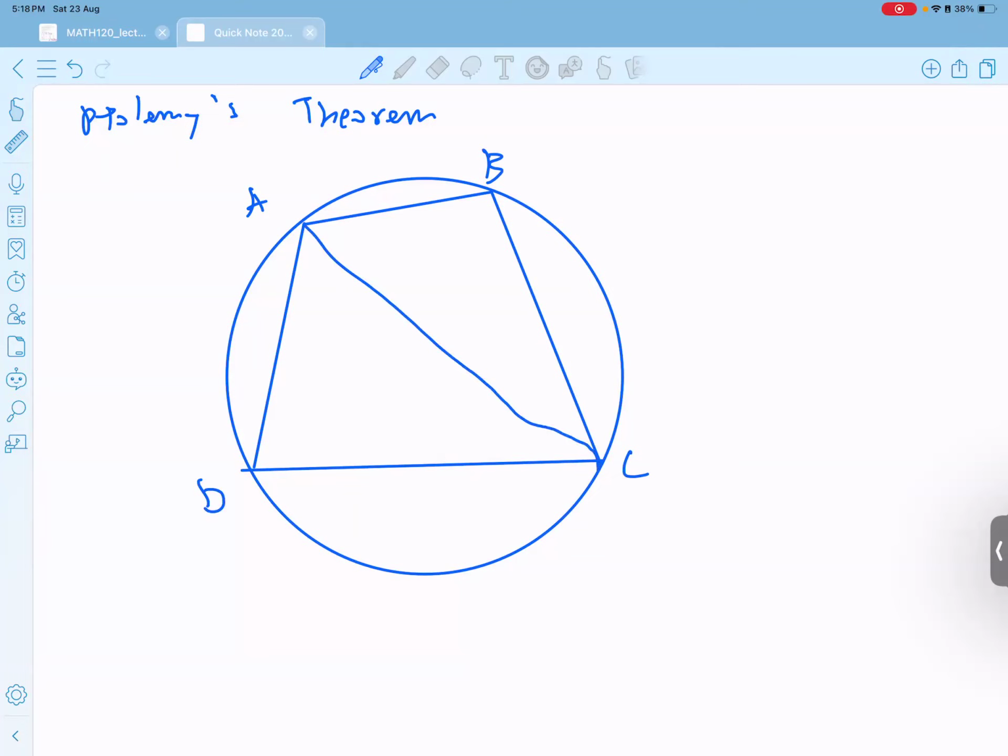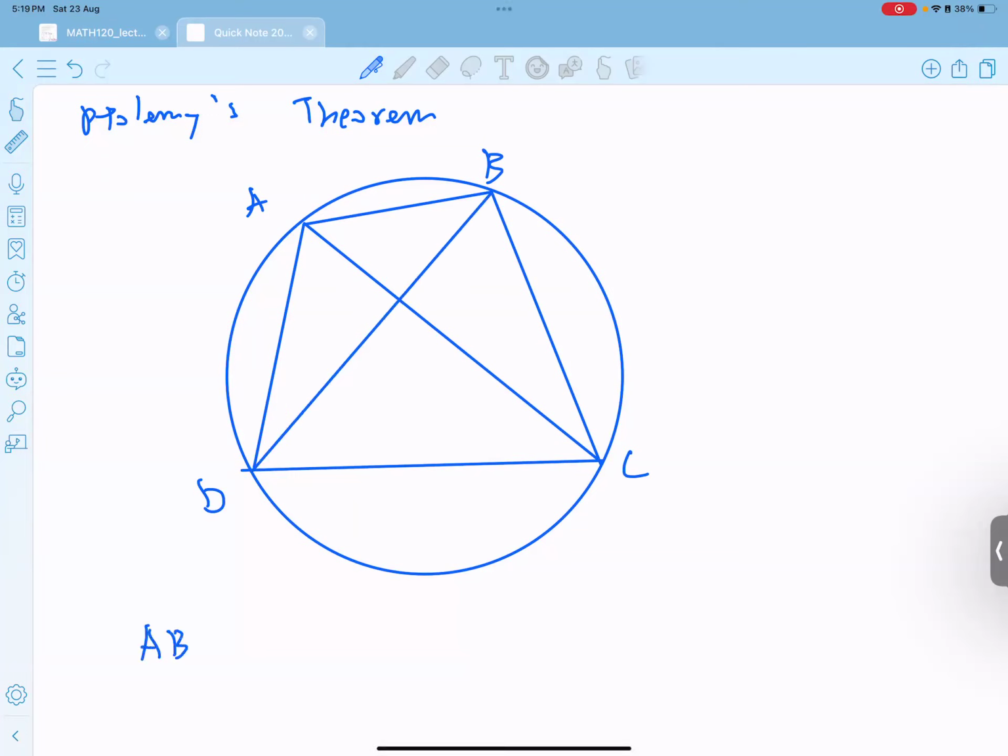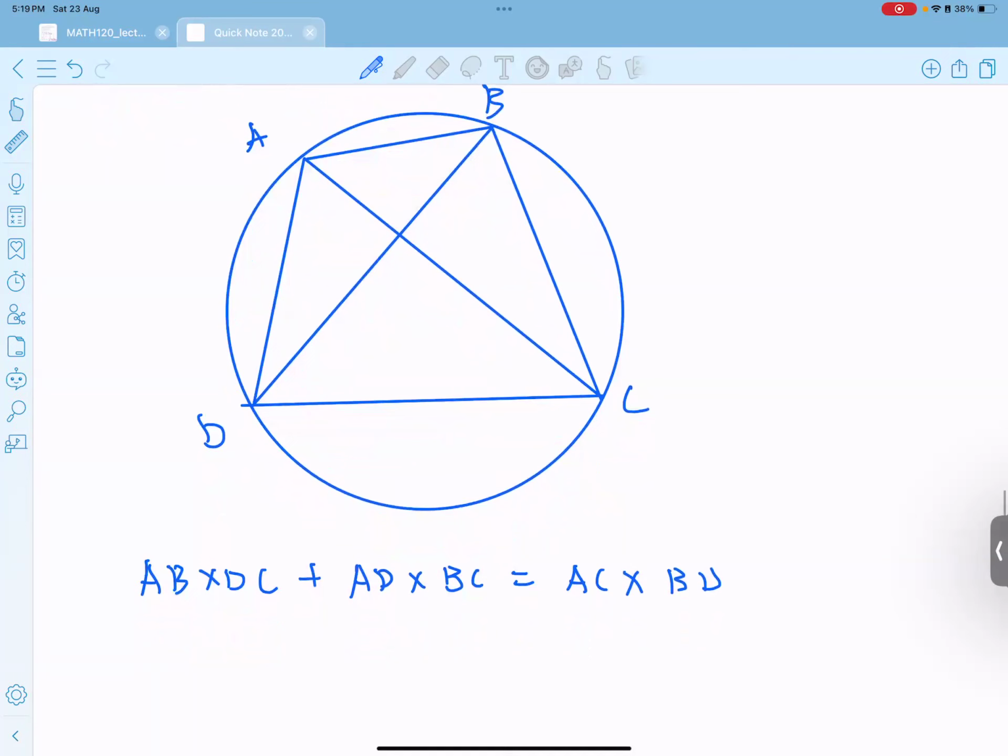And we connect the diagonals. Then we'll have AB times DC, so the products of the opposite sides, and AD times BC. You sum these products together, and it will be equal to the product of the diagonals. Which is, to be honest, pretty interesting.